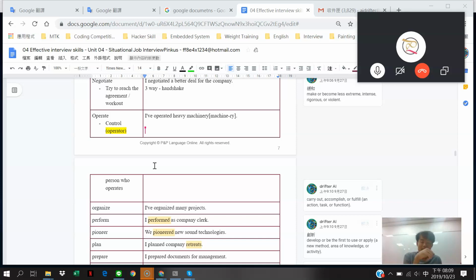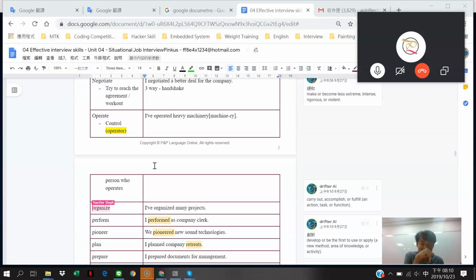Okay, that's good. All right. So that's a correct sentence, Pinkus. So is this word clear to you? Yes, it's clear to me. Okay, let's have the next word this time.